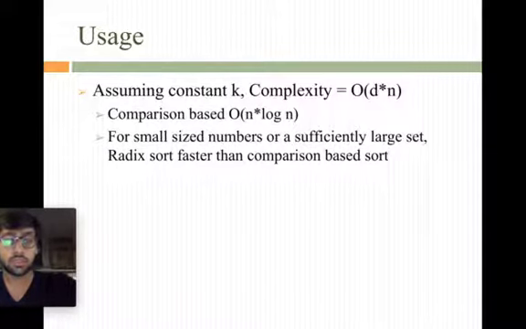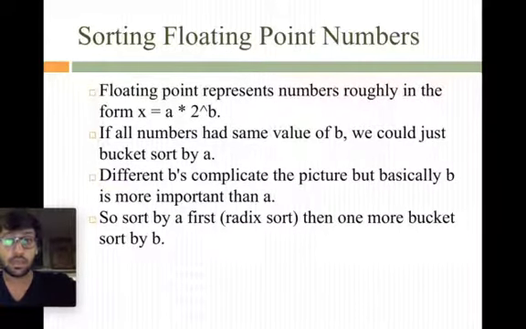We can use Radix sort to sort strings, floating point numbers and integers. Now, floating point numbers can be represented in the form of a into 2 to the power b. This is generally the characteristic and mantissa form in which they are stored in memory.